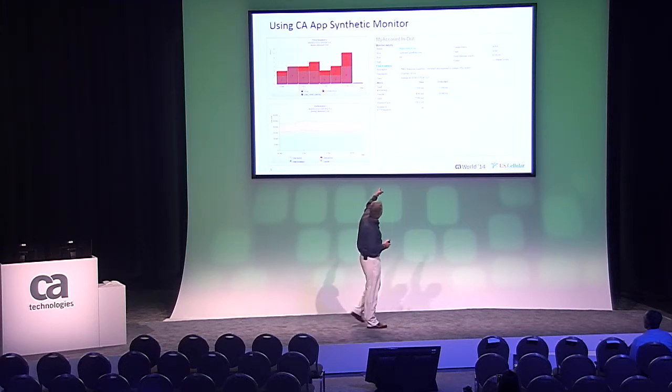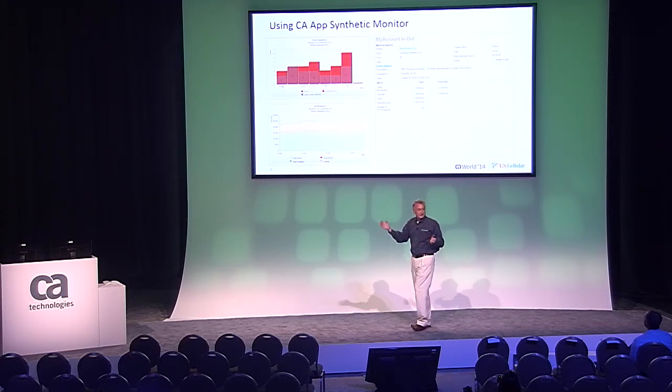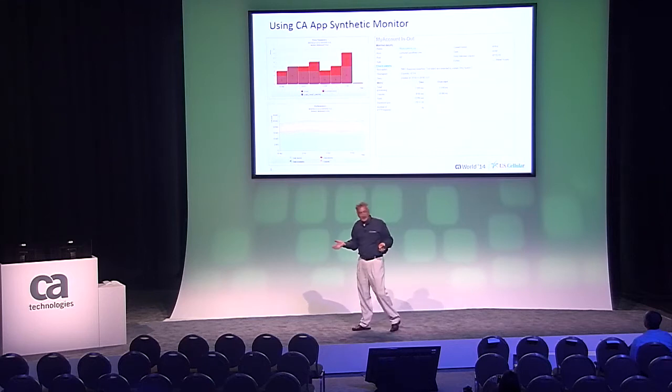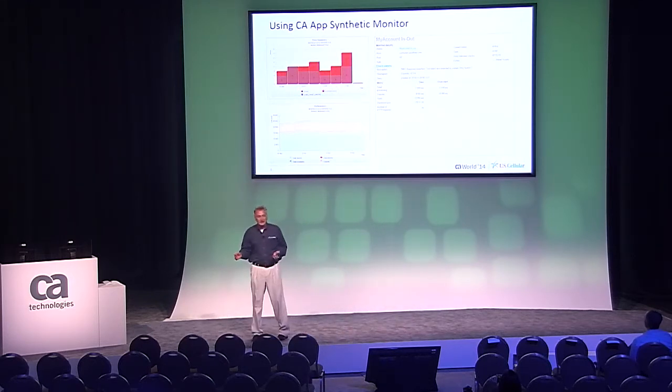So on this page here, this is a screen print of a transaction that we actually had that failed. It was loading the page, and we had a number of assertions built into these. An assertion is essentially a content check. So I want to know that a specific piece of content existed on the page when it loaded.